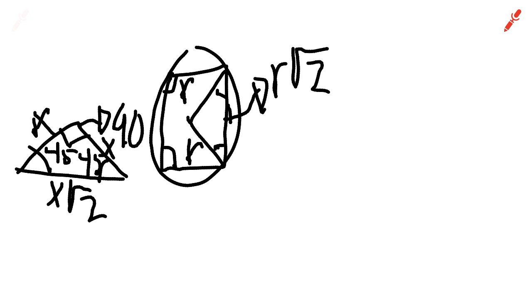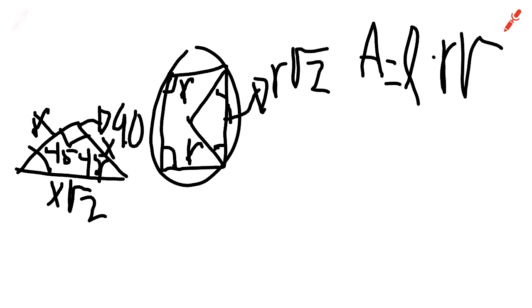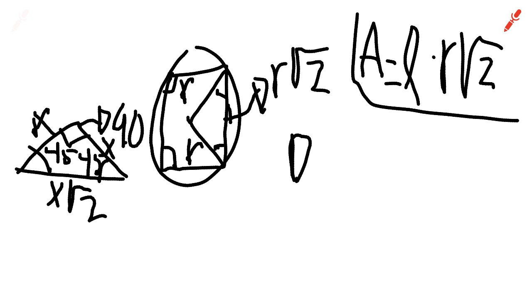So dA dt, now the area changes to L, which is the length, times r times the square root of 2, which is the width of the rectangle. Now we can derive and find dA dt. For this, we utilize the product rule, which is the derivative of the first times the second plus the derivative of the second times the first.